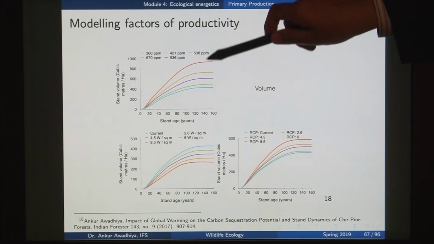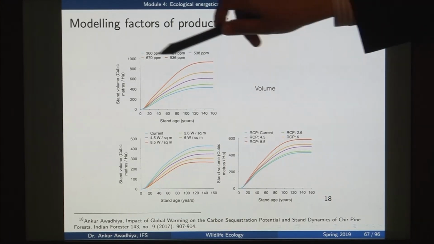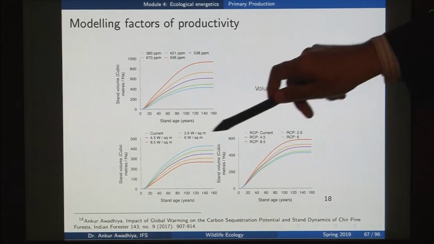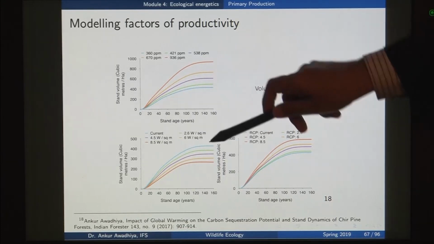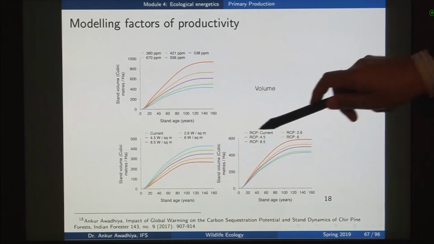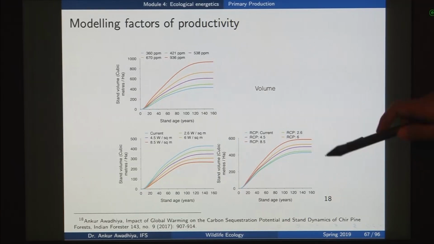And then if you do both of these things together, you increase carbon dioxide, which is the fertilization effect, and you increase the temperature, which is harmful to the plants. In this particular case we can see that the stand volume increases.